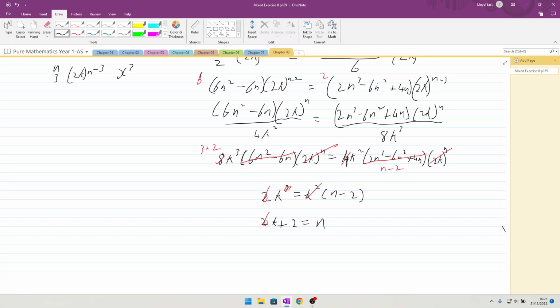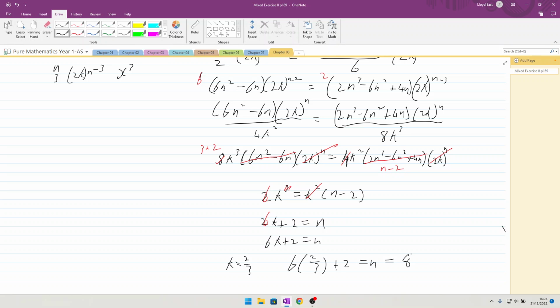So 6k plus 2 equals n, as they wanted in the book. Okay, given that k is equal to 2 over 3, therefore 6 times 2/3 plus 2 equals n, meaning that n is 1248.